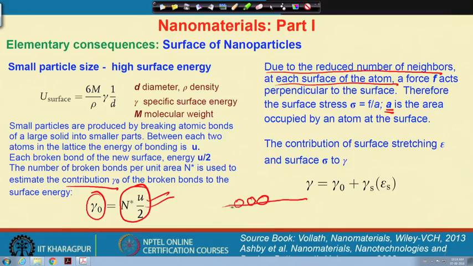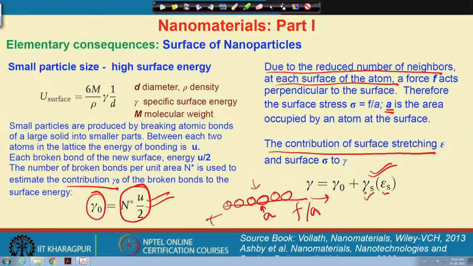If A is the area occupied by an atom on the surface, and there is a force on this atom, then the net stress will be F by A. The contribution of the surface stretching gives a relative strain, epsilon s, and is related with the surface energy.